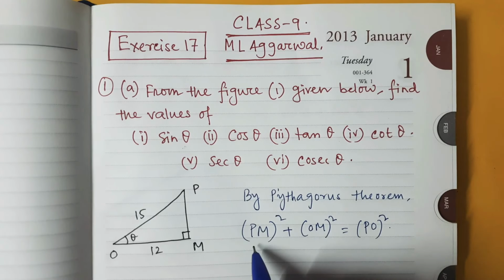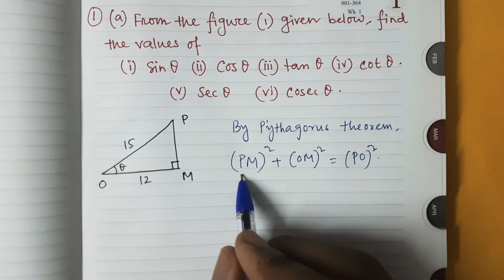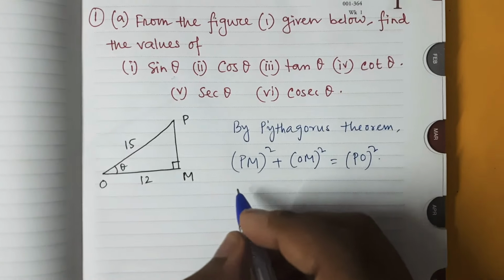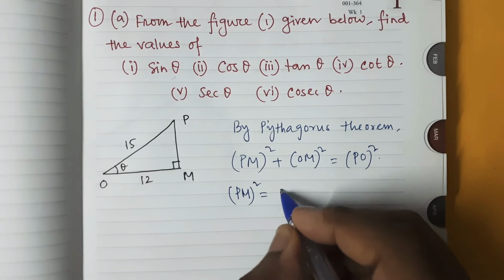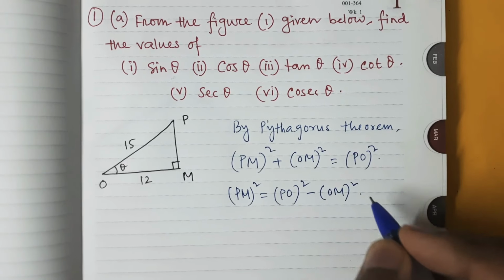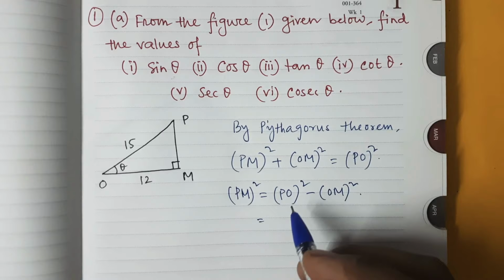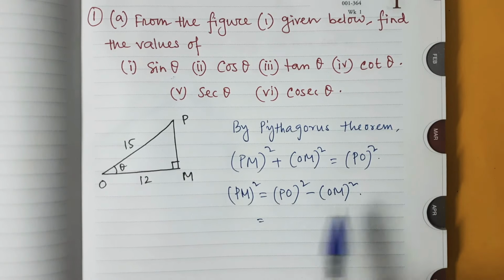Now what is the value of PM? We need the value of PM. So we can write PM whole square equal to PO whole square minus OM whole square, isn't it? And we know the value of PO, which is 15, and OM is 12.